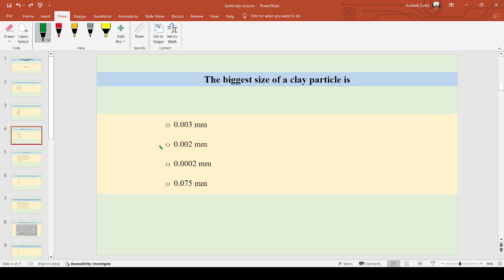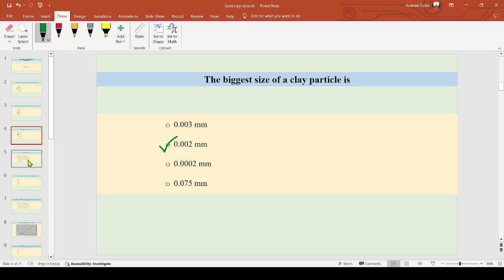Because beyond 0.002 millimeter or 2 microns, up till 75 microns, we have silt. From 2 to 75 microns we have silt, and below 2 micron it is clay. So the biggest size of clay particle is 0.002 millimeter or 2 microns.